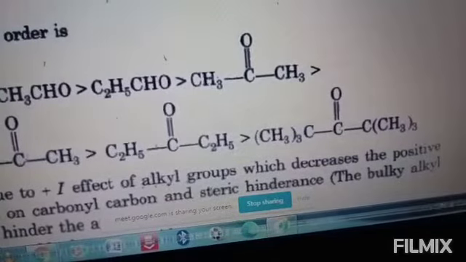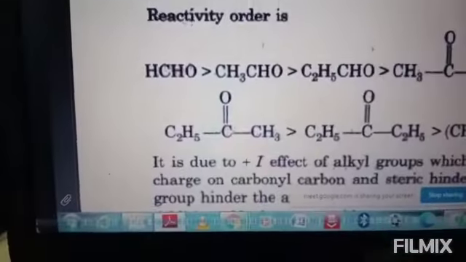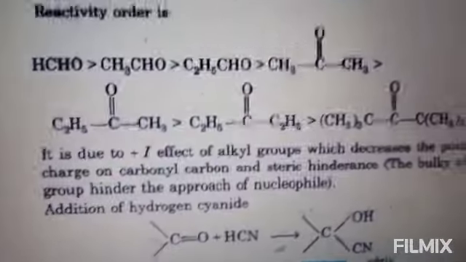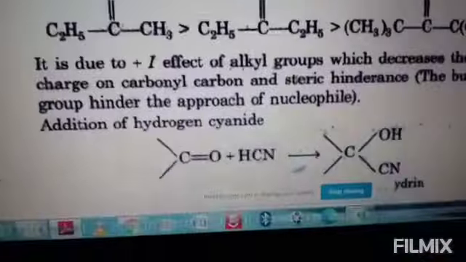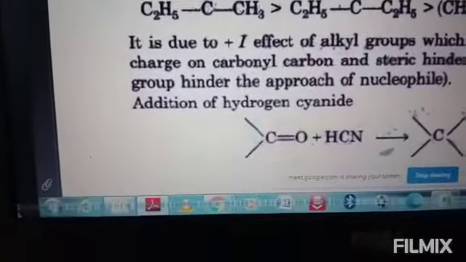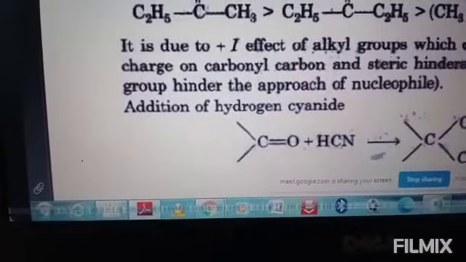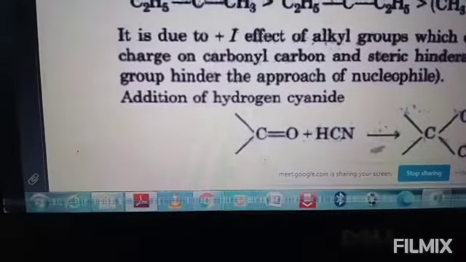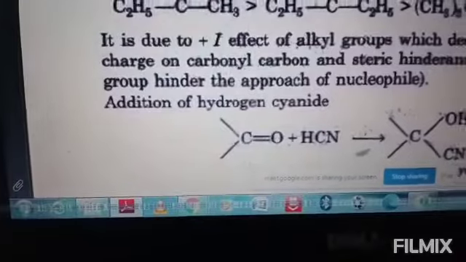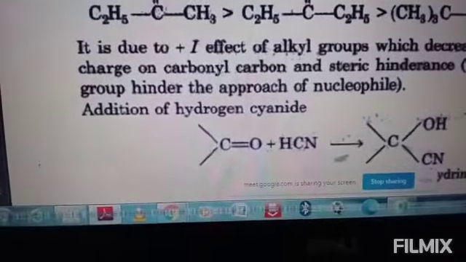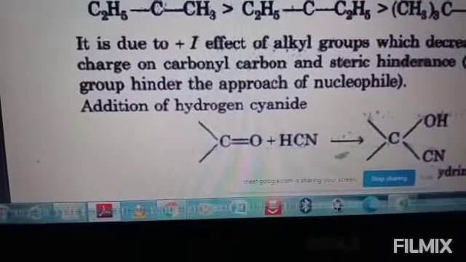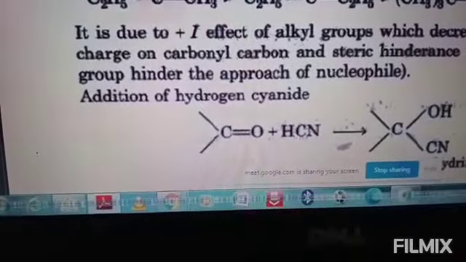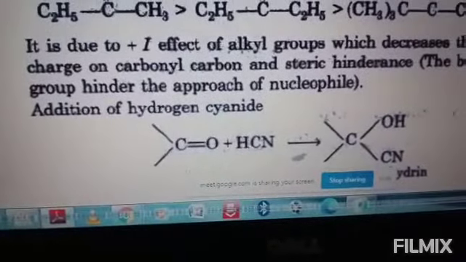We can ask why the order of reactivity of these compounds is as shown. Your answer is that it is due to the +I effect of the alkyl group. Here +I means inductive effect. It is because of the inductive effect of the alkyl group, which decreases the positive charge on the carbonyl carbon, and steric hindrance.